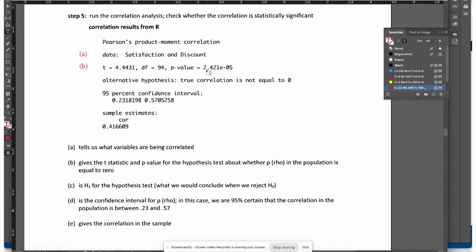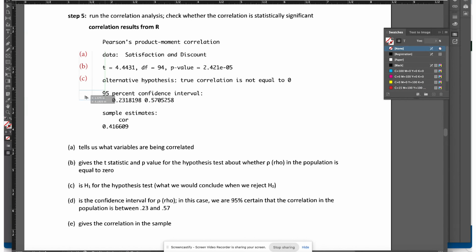In this case, the p-value is really small. So that would tell us whether rho in the population is equal to 0. And then the next one, C, would be the alternative hypothesis for this test. The alternative hypothesis is that the true correlation is not equal to 0.